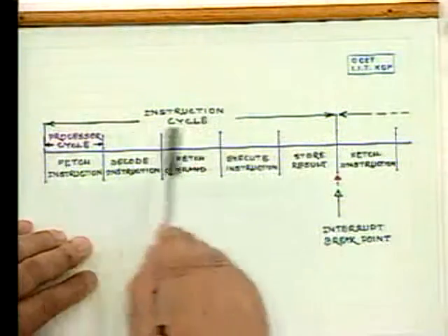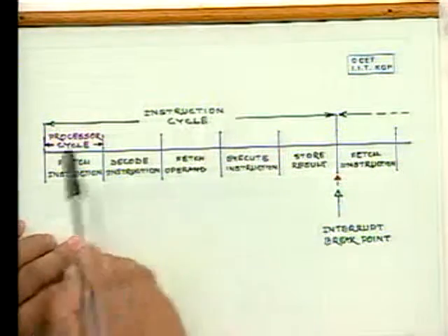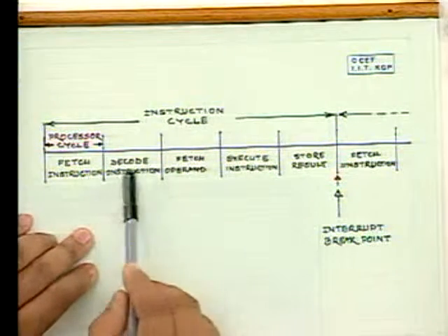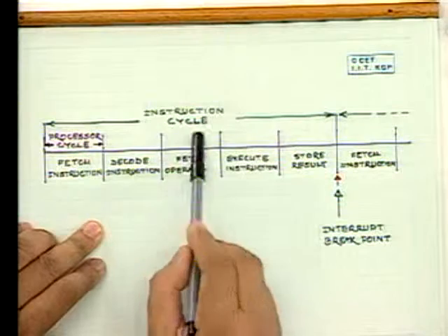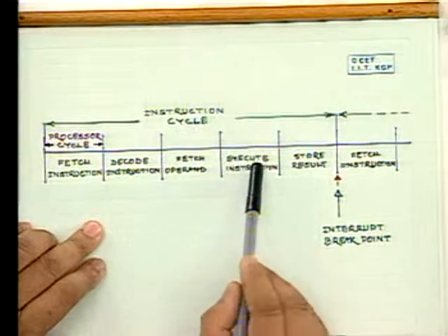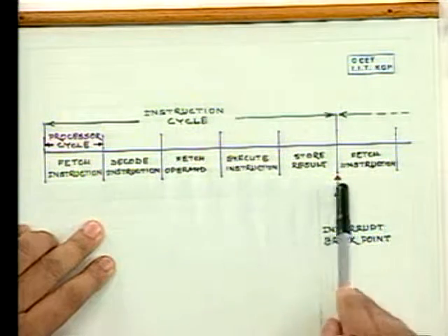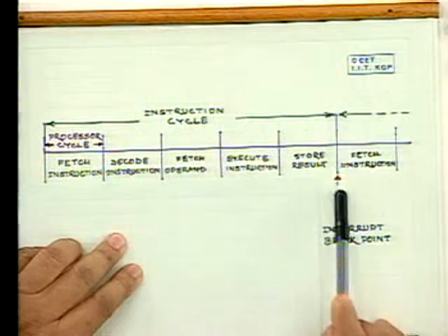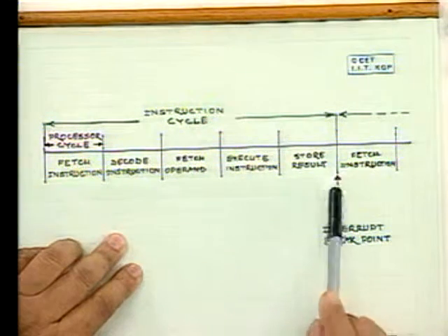Here is the instruction cycle I have shown. The instruction cycle starts here with fetch instruction, decode instruction, fetch operand, where there may be more than one operand, then execute instruction, and store result.